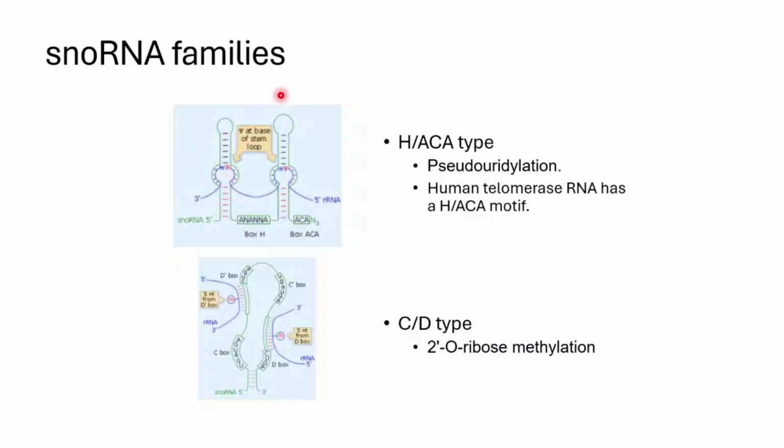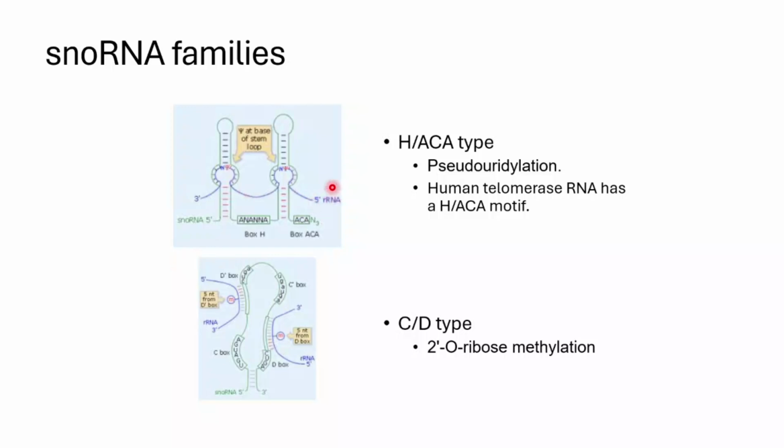Small nucleolar RNAs. So remember I told you about the pseudouridylation. So this SNO RNA family of functional RNAs is important in modifying other RNA molecules. This is their only goal. What they do is that they will go grab the RNA molecule, modify it, and that's it.